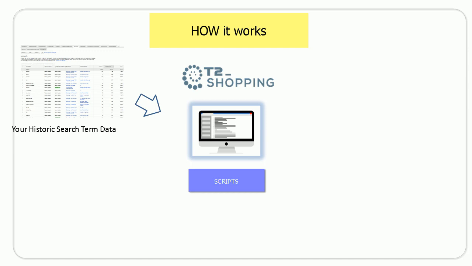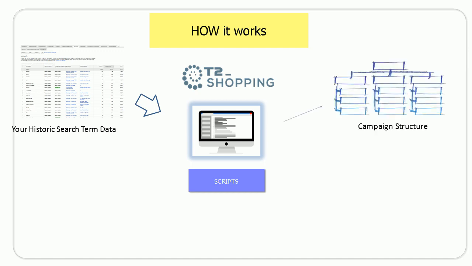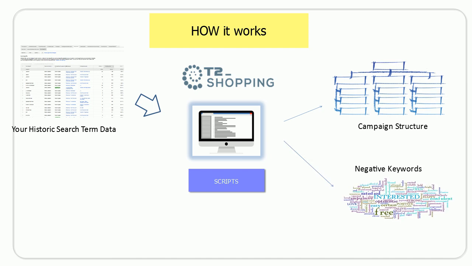Based on that information, the system creates a new campaign structure, slightly different than before, but not a big change. And then it works on the negative keywords for each and every ad group. The overall effect of these changes is that the system defines positive keywords for your shopping campaigns.